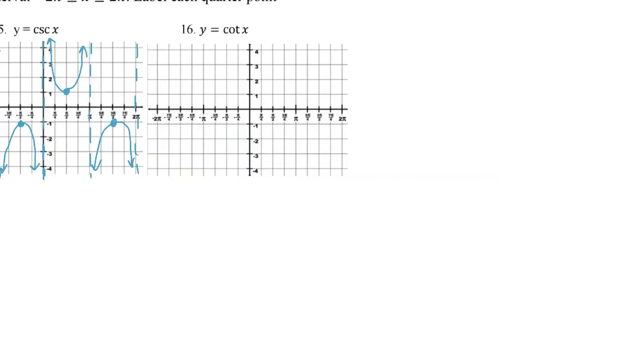Okay, and for our final problem, remember, cotangent's the reciprocal of tangent. If we talk about tangent of an angle, remember that is the same thing as having sine of an angle over cosine of an angle. So that's your tangent value.